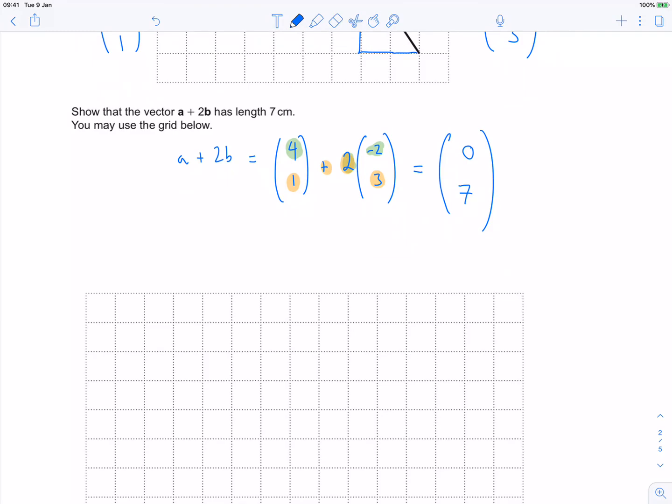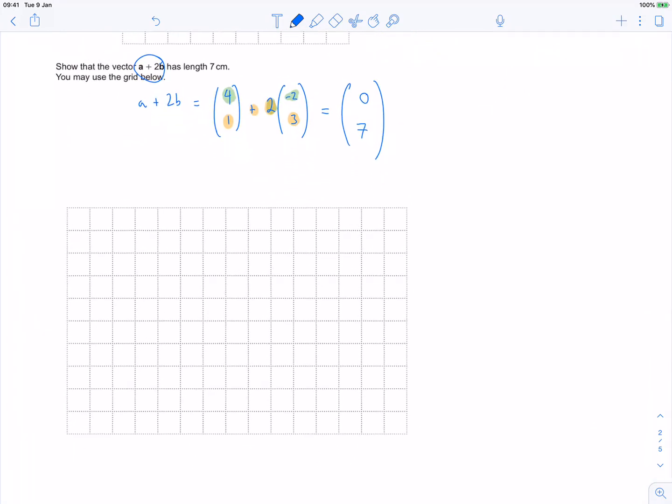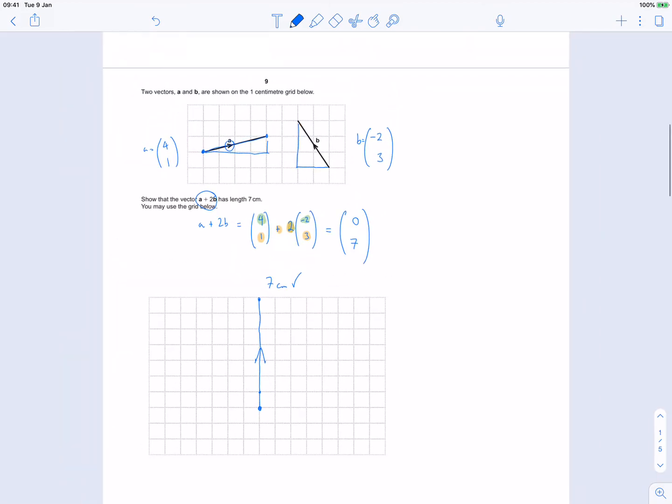So actually the resultant of this is just the vector 0 along and 1, 2, 3, 4, 5, 6, 7 up. So yes, that is indeed 7 centimetres long because we're working on a 1 centimetre grid. Yep, seems fairly easy.